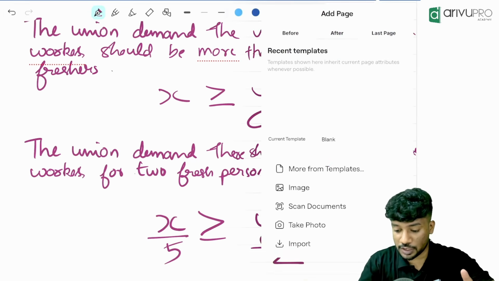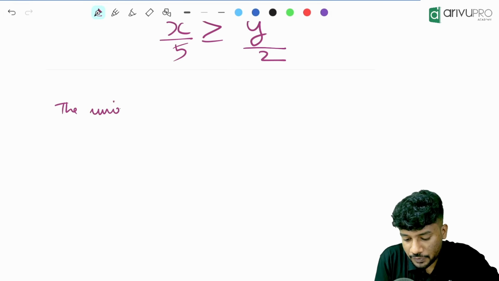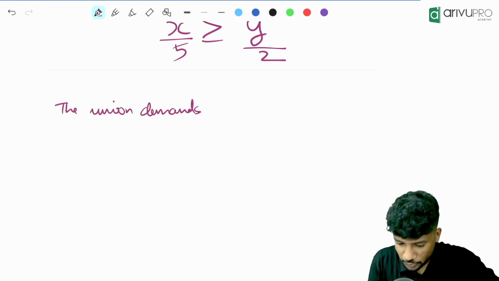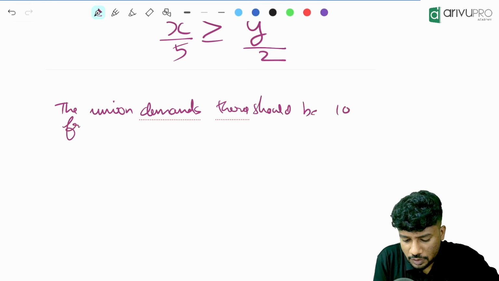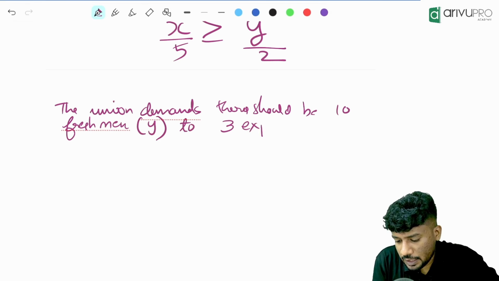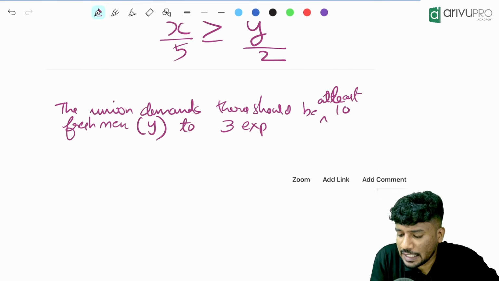I will give you another question. The union demands. Demand means will the sign change? No. The union demands there should be at least 10 freshmen, which is denoted by y, to 3 experienced people, which are denoted by X. There should be at least, that word is important, otherwise we can't solve it.